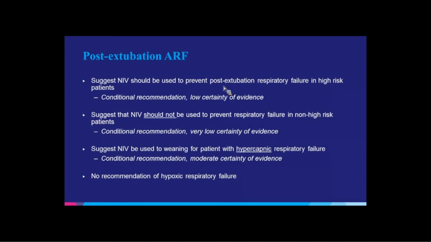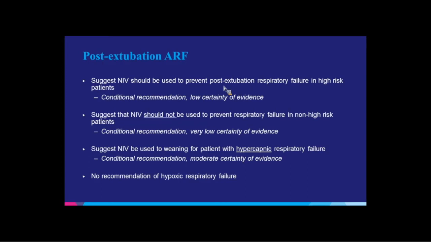What about post-extubation acute respiratory failure? I know that we may not be in the ICU watching these patients right away, but we do manage them if they transition to the floors very quickly. For patients at high risk of respiratory failure, they suggest it should be used. Again, a lot of these are conditional recommendations with a low certainty of evidence, but they do suggest these following statements.